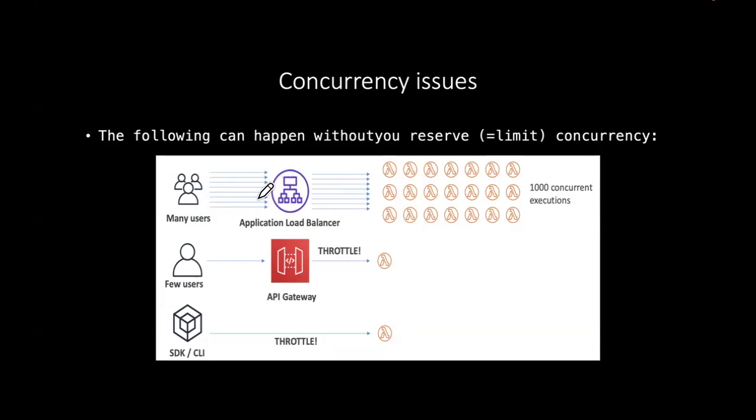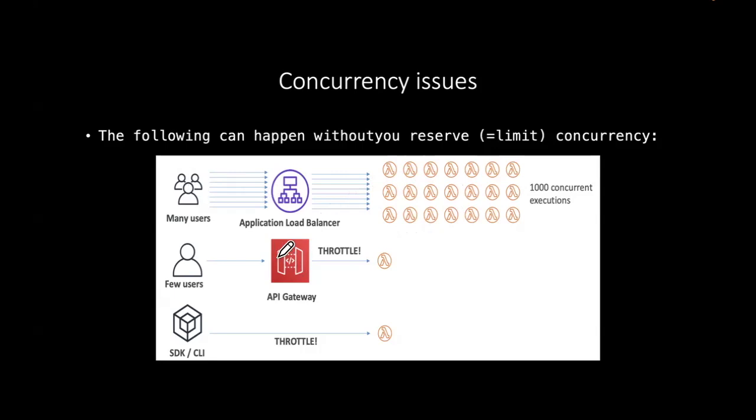So if it receives a request, it wants to trigger a Lambda function. But suppose there is a very high volume of usage of this particular application, with hundreds, thousands of users all triggering the creation of micro VMs for a particular Lambda. And suppose that consumes your 1,000 limit.